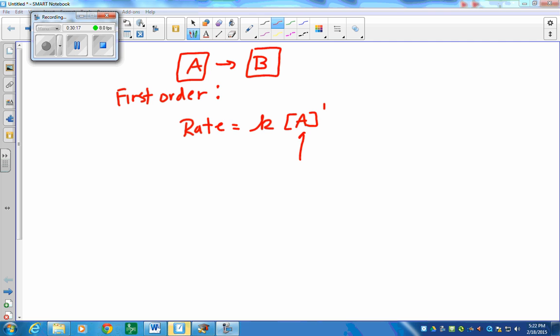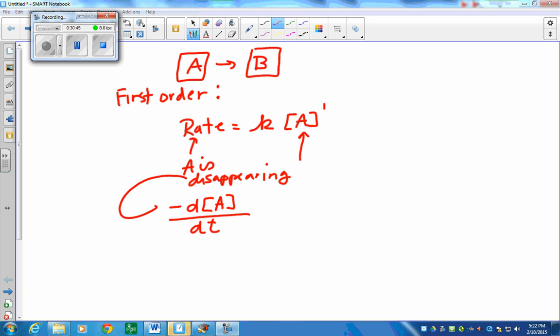Because I have an A here, I'm going to monitor the rate of how fast A is disappearing. We write that mathematically as how fast the concentration of A is changing with respect to time, and it's negative because disappearing is negative.